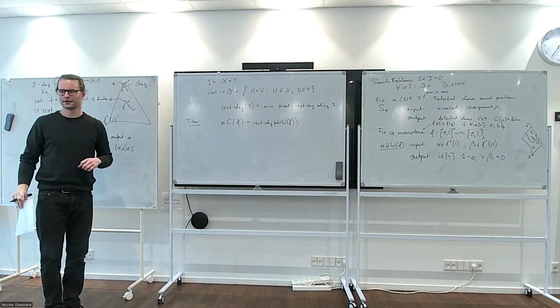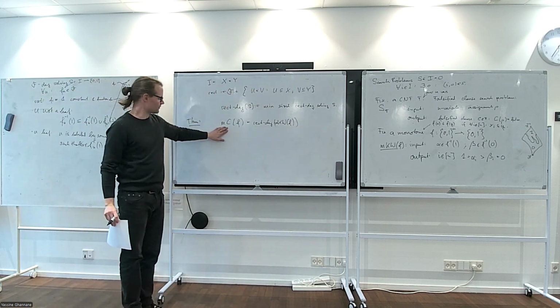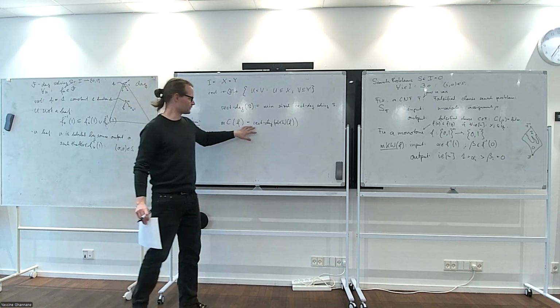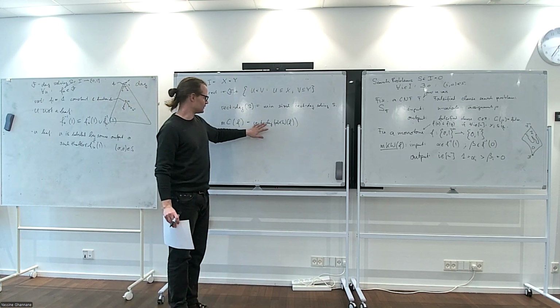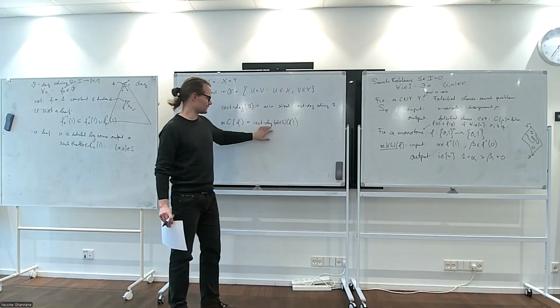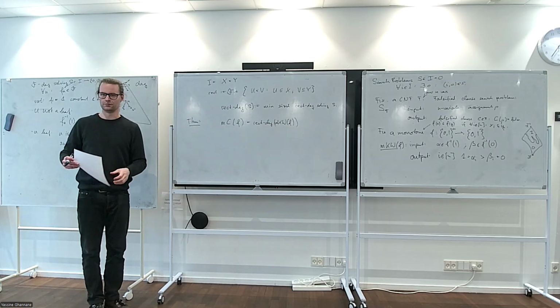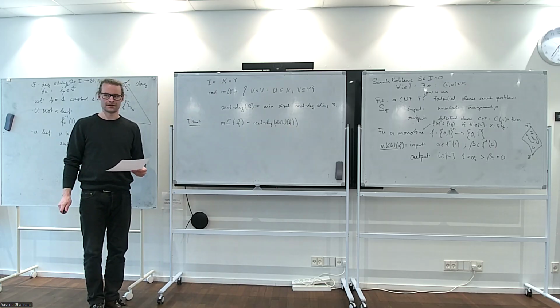So the monotone circuit complexity of any monotone Boolean function f is equal to the rectangle DAG complexity of the monotone Karchmer-Wigderson search problem of this monotone Boolean function.